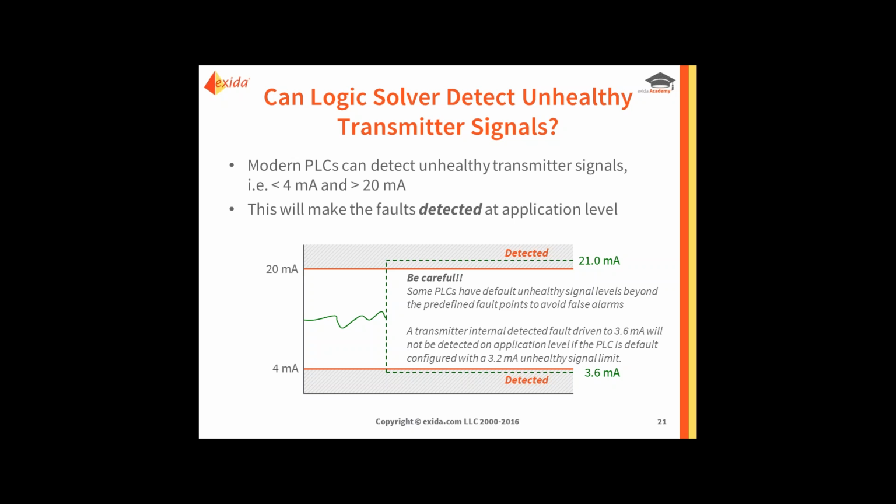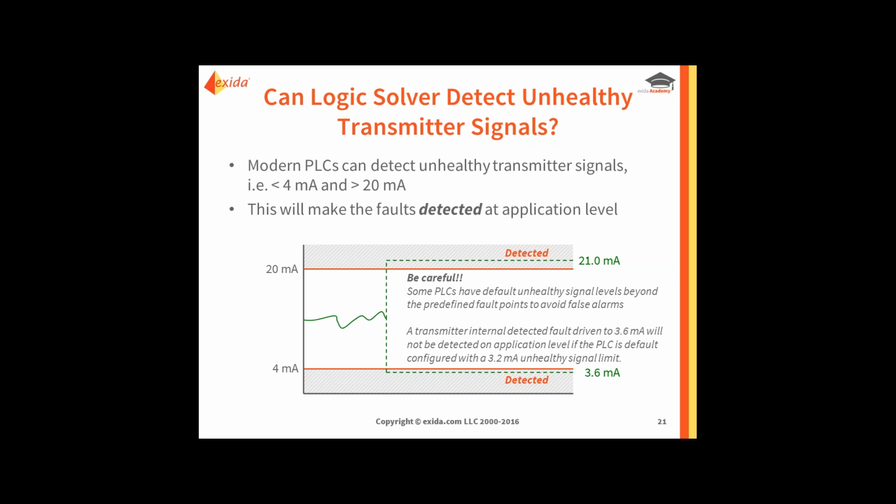But the PLC that it was used with was configured with a 3.2 milliamp unhealthy signal limit. In the attempt to avoid false alarms or false indications of unhealthy transmitter signal, they set it to a default 3.2 milliamp. But that means that any 3.6 milliamp signal would still be considered a healthy transmitter signal in this particular implementation of that PLC.